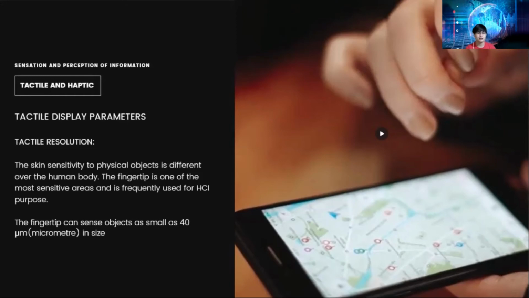The fingertip can sense objects as small as 40 micrometers in size. Because even when it is small, once it touches your skin, your fingertip, an interaction happens. Okay?